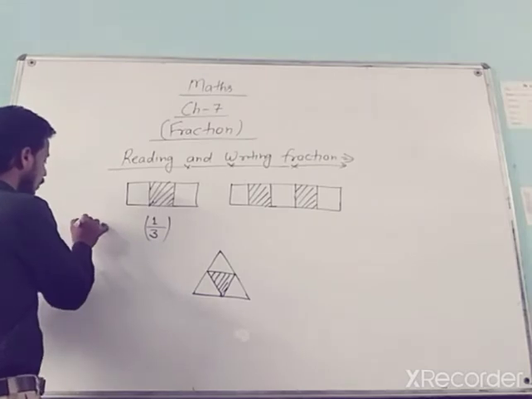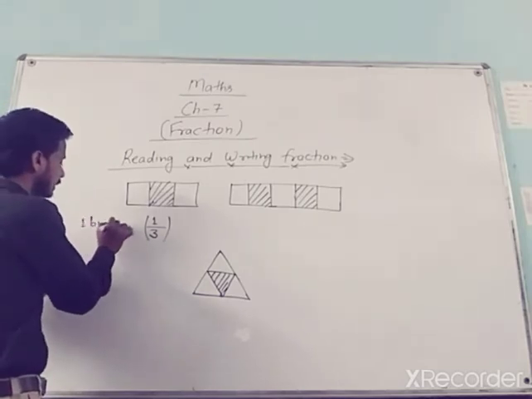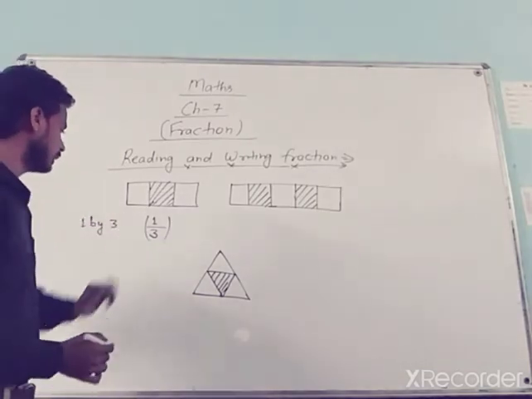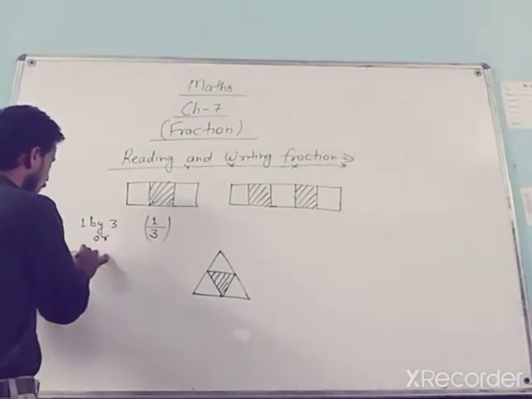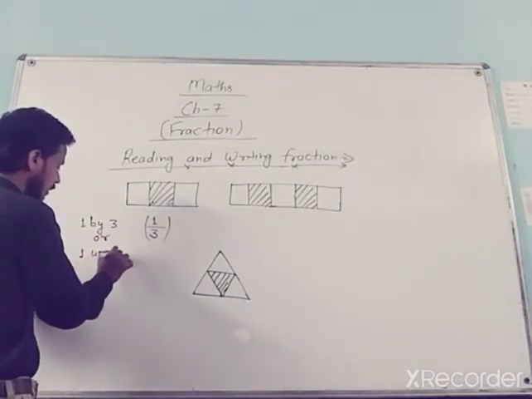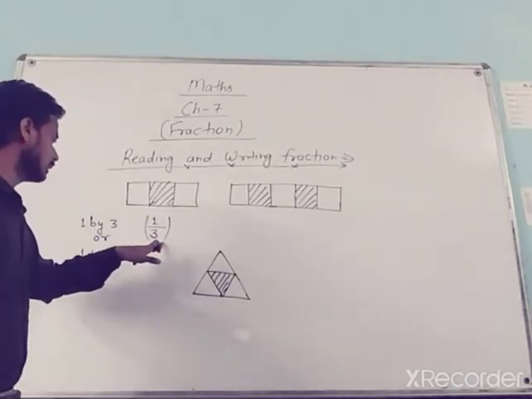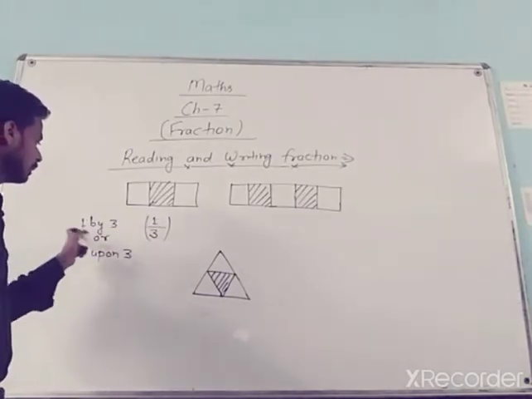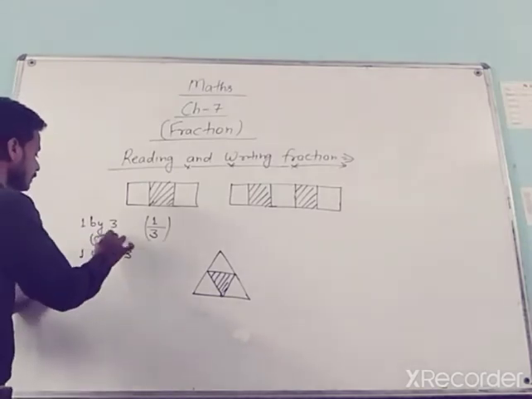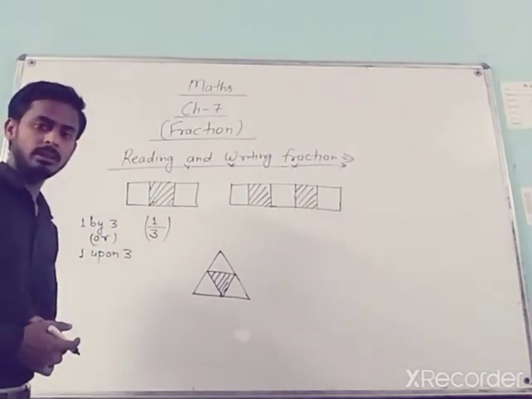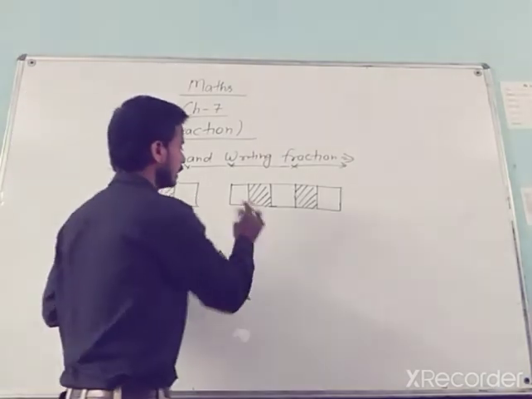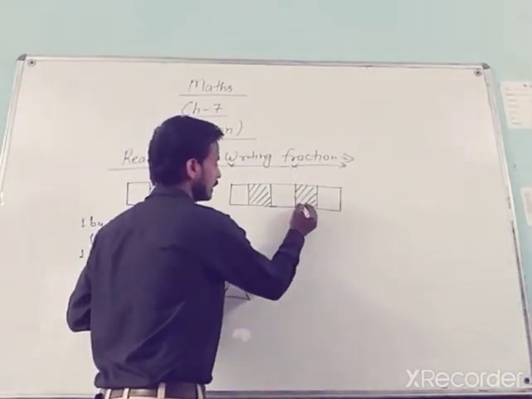Or how to read it? See, 1 by 3. We can read it as 1 by 3 or 1 upon 3. Clear? Now next, there are 5 equal parts.